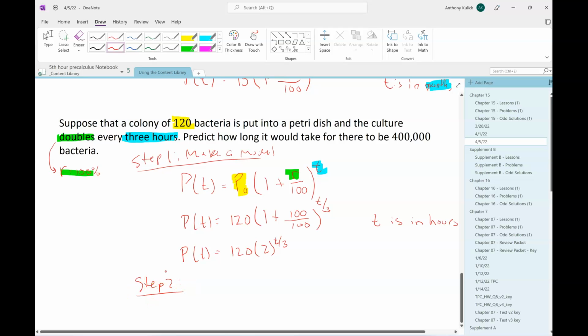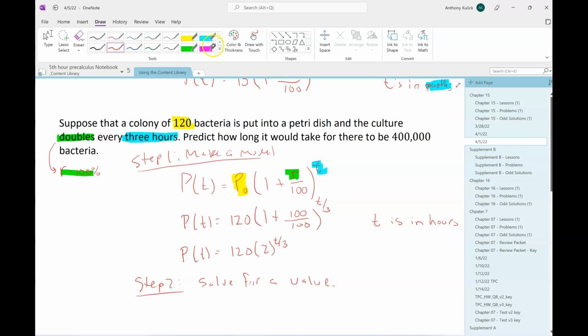What are we going to be doing in step two? We're going to be solving that model for some value, right? In that last sentence, it says, predict how long it would take for there to be 400,000 bacteria. What are they asking us to solve for?